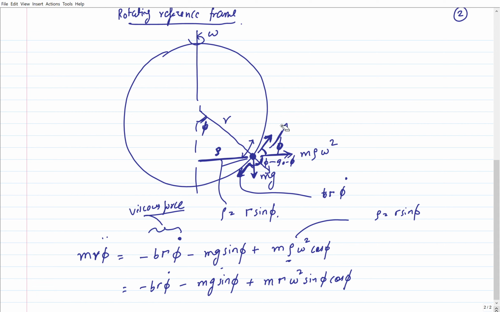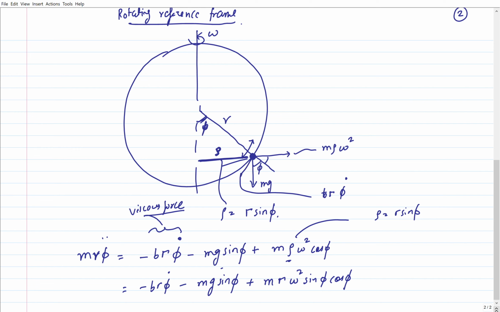So why don't I just draw it again? These are becoming a bit ugly. I have mg, and this was the direction of m rho omega square. This angle was phi.